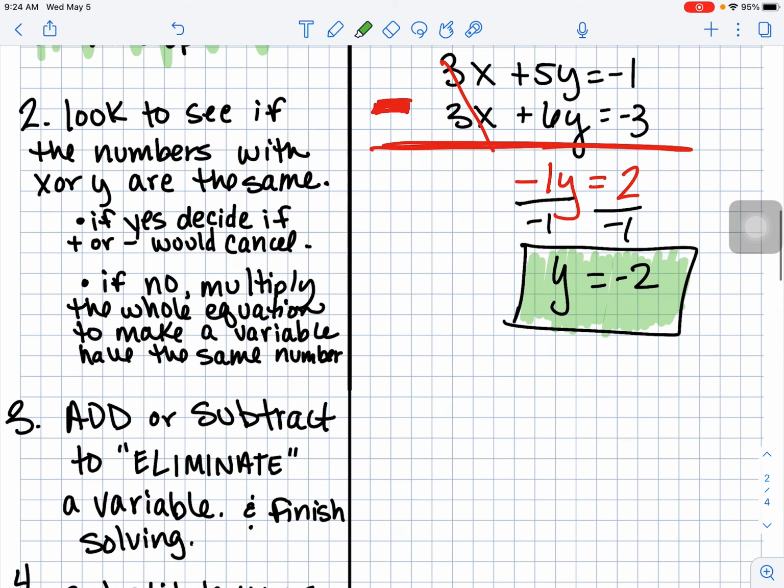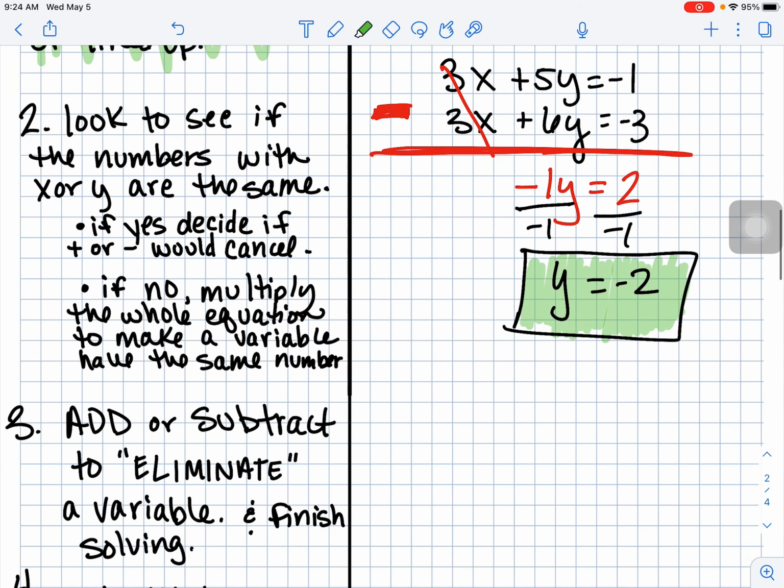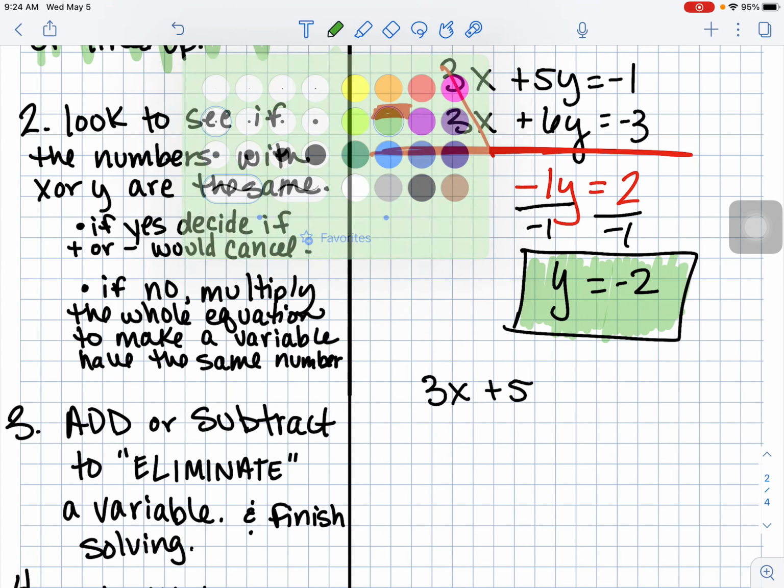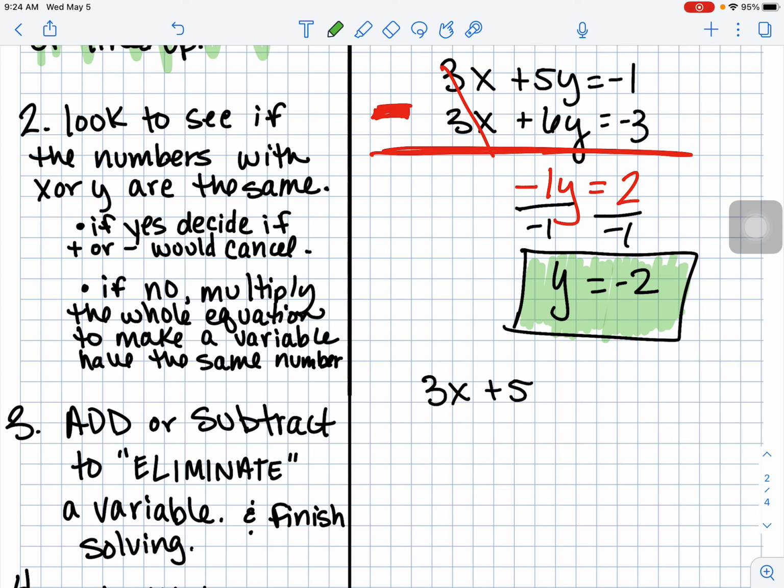Then now that I know what y equals, I can plug it into either of the equations to solve and get x. So I'm going to plug it into the first one, 3x plus 5, but now I know that y is -2, equals -1.